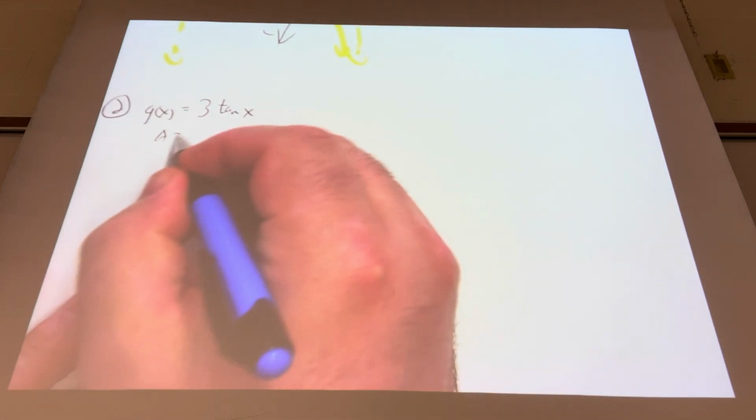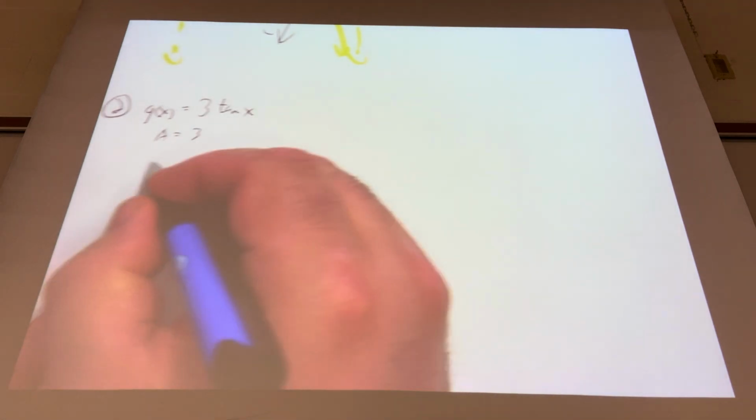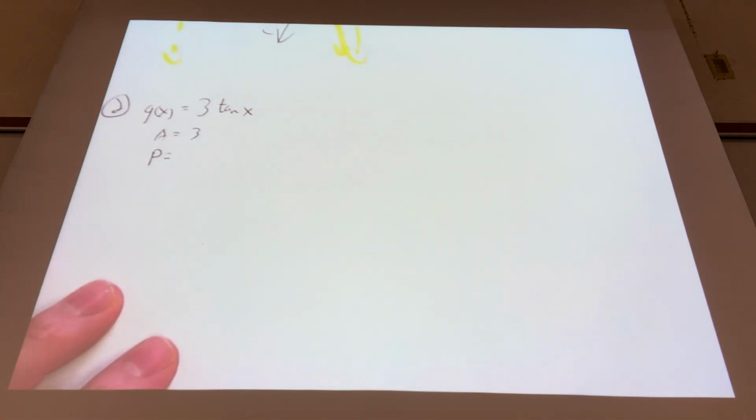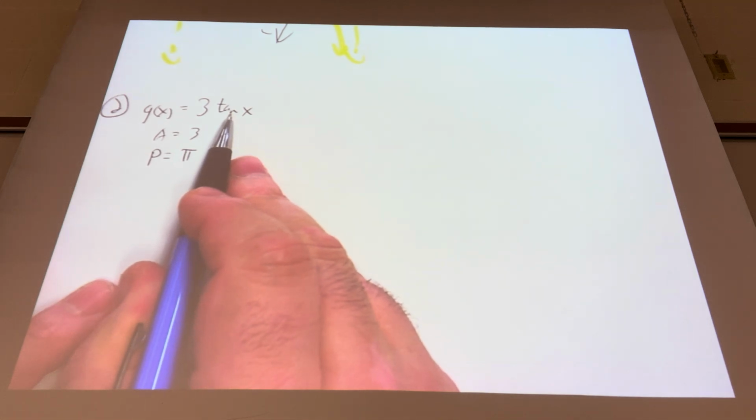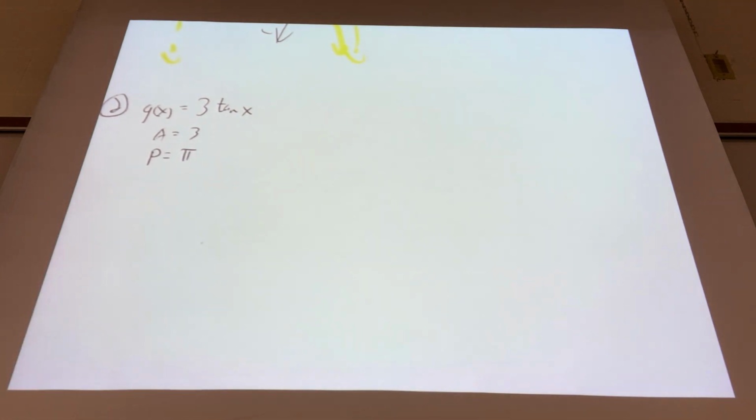So we have an amplitude of 3. What's our period here? Just pi. Remember, tangent is pi divided by b. Okay, that's the change in the formulas here. So that's the one thing you got to remember out here.